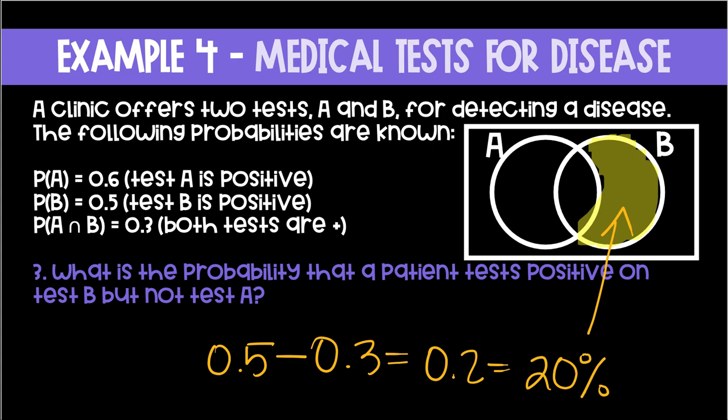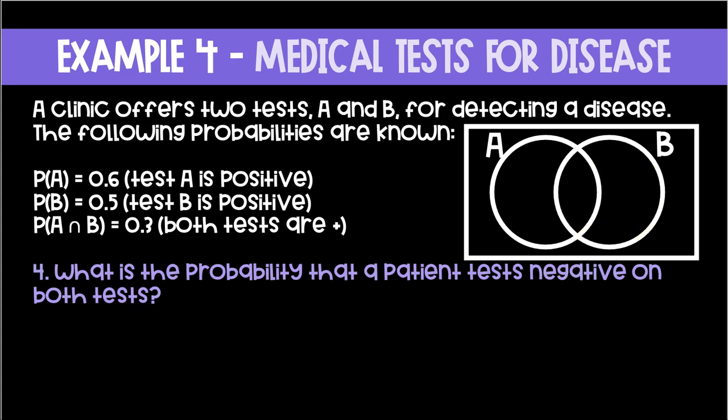If you want to, you can start already labeling all of your probabilities in each of the individual sections, which could help you find your answers faster for the following questions. What's the probability that a patient tests negative on both tests? We do know that the probability of only A is 0.30.